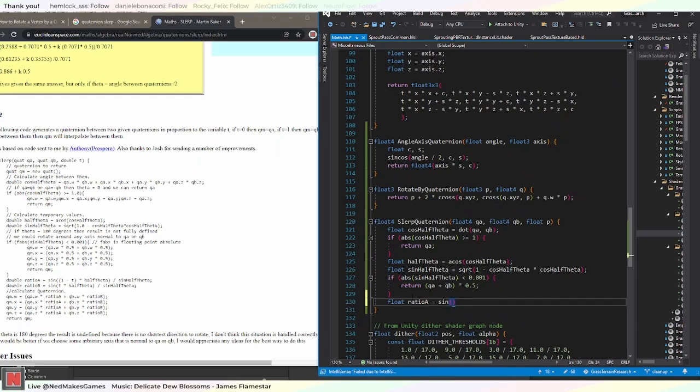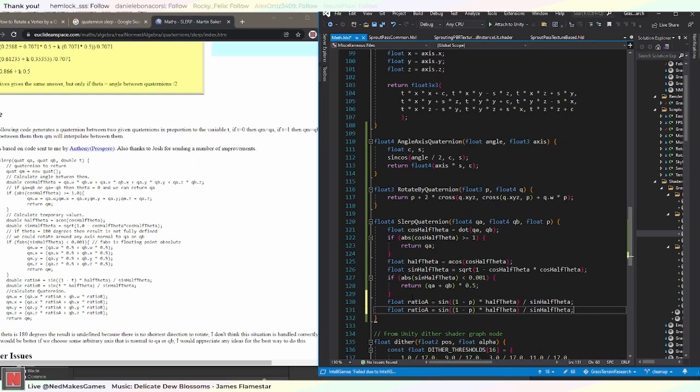Sine of 1 minus P times the angle, and this one is just P times half theta.